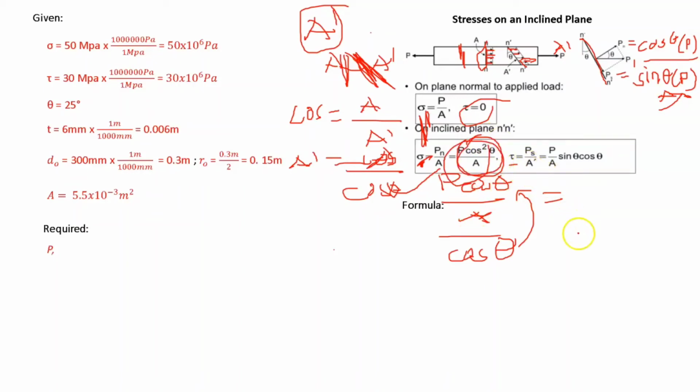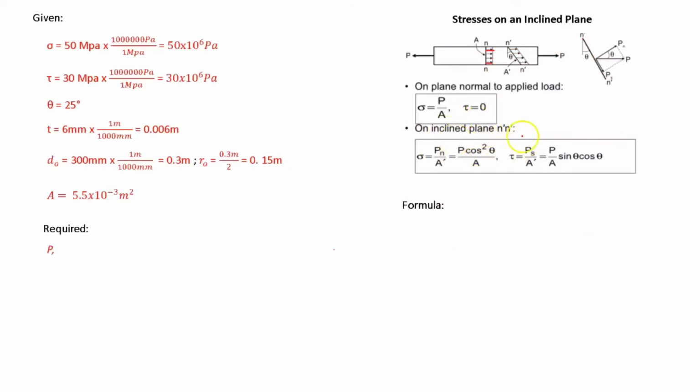The shear stress on the inclined plane is equal to P original sine theta over A prime, which is A over cosine theta. Reciprocal. Now we have this formula. So for the formula at 50 megapascal, we will use this. P is required, so we will isolate P. Cross multiply, and we arrive at this answer.